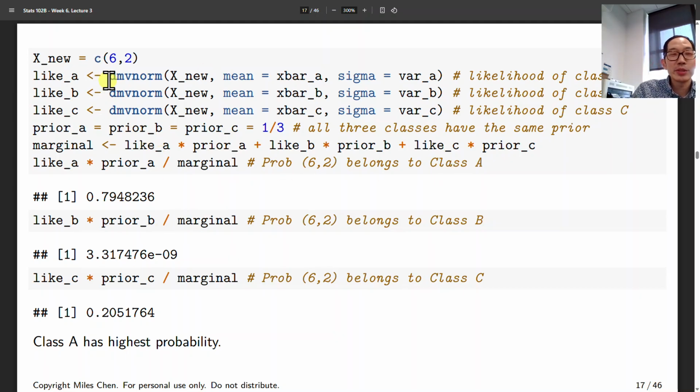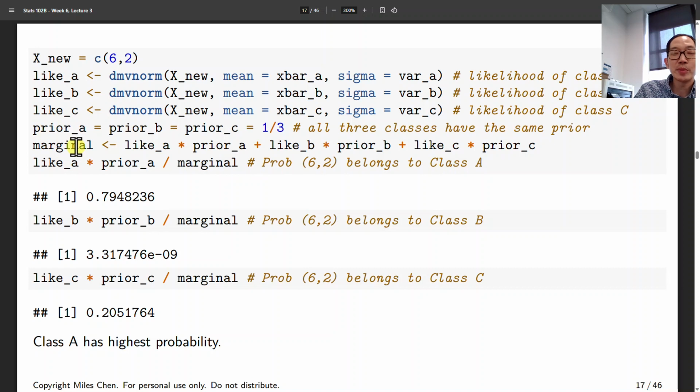So we ask, okay, what is the likelihood it came from A, the likelihood it came from B, the likelihood it came from C? We calculate those likelihoods using the density of the multivariate normal, and we use the mean and variance of A, the mean and variance of B, and so on. The prior, again, is going to be 1/3 for all of them.